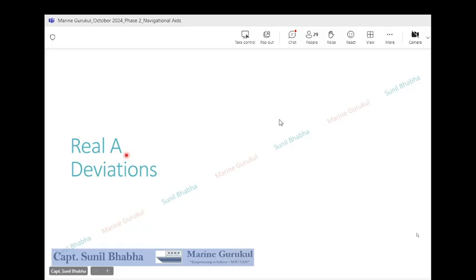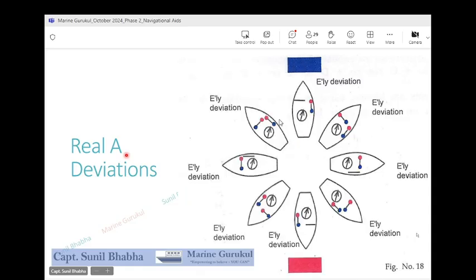So let us try to understand it. Now this is understood by making a deviation diagram. For every coefficient, we will be making a deviation diagram like the one you see on the screen now. We have the ship on different headings: north, northeast, easterly, southeast, south, southwest, westerly, and northwesterly. So cardinal and intercardinal headings, the ship is shown on these 8 headings.